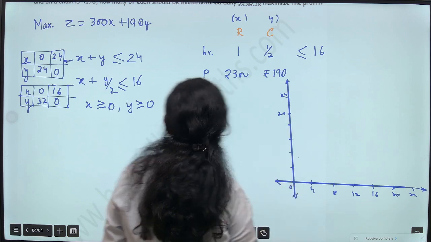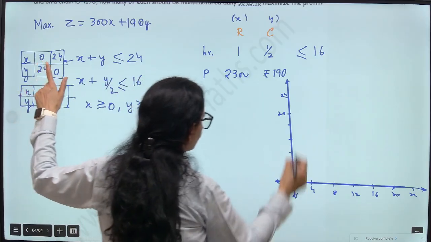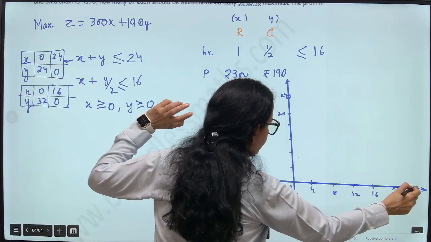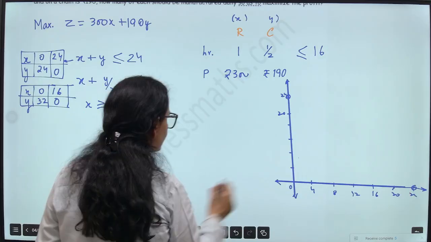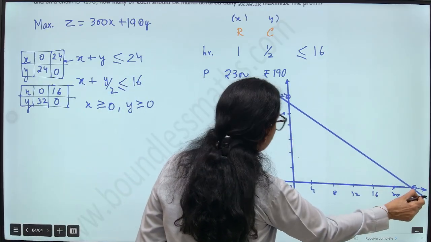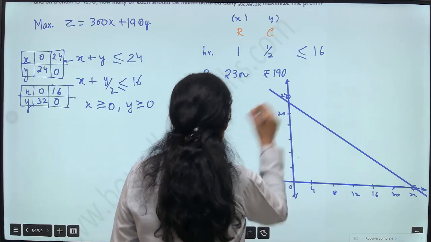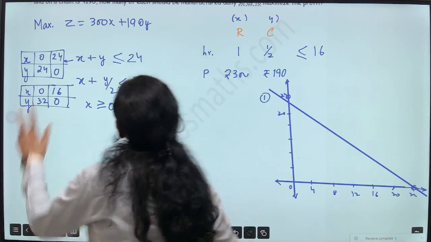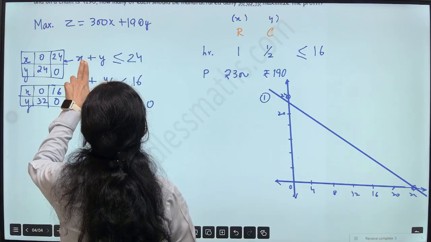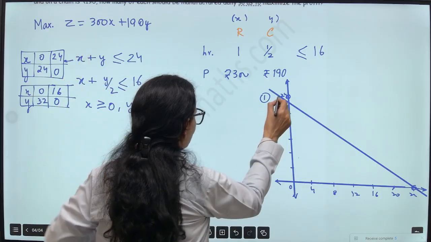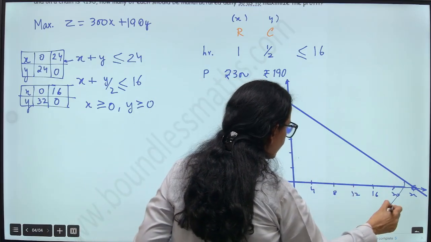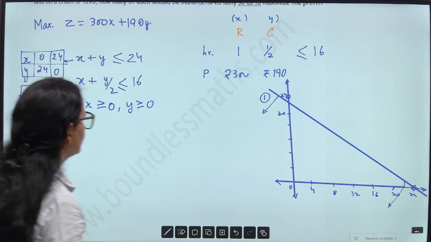Let's mark the origin also. Now let's plot it, 0 to 24. So it is the first point here and 24, this is the point here. So that means the graph for the first inequality is something like this. And 0 plus 0 less than equal to 24, 0 is less than 24, yes. So that means the feasible region is downside for this inequality. Second is 0 and 32.